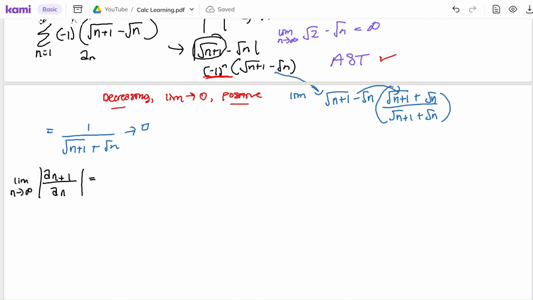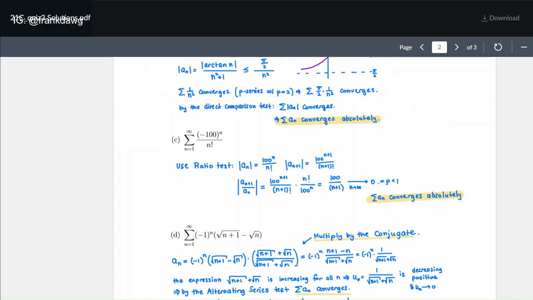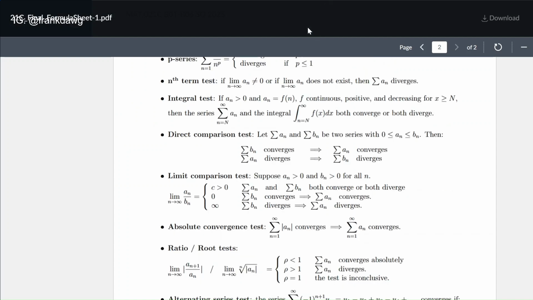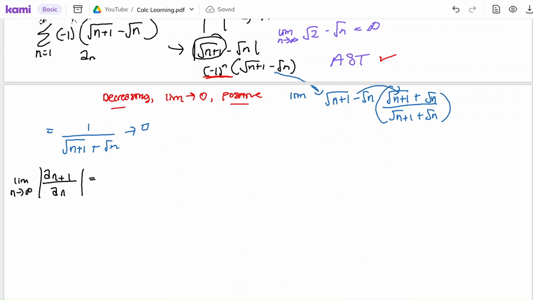Whatever you get right here, sorry about that, is equal to p, and if p is less than 1, then it converges. And it converges absolutely because of the square root, so you can technically say it converges absolutely. If it's greater than 1, it diverges, but when it's 1, it is inconclusive, and you probably have to do another test. And let me find a good function you can do with the ratio test.